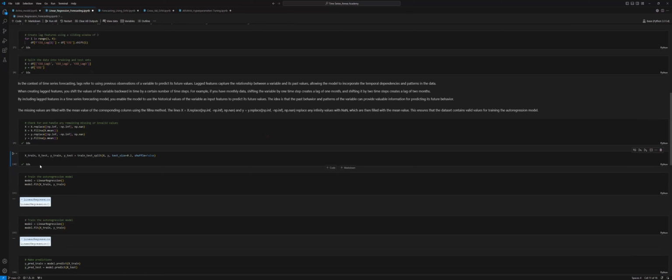The next thing is to use train test split. If you like, you can shuffle your data set, but in this case, we don't need to shuffle our data set, because we want to maintain our sequence, the time series sequence.